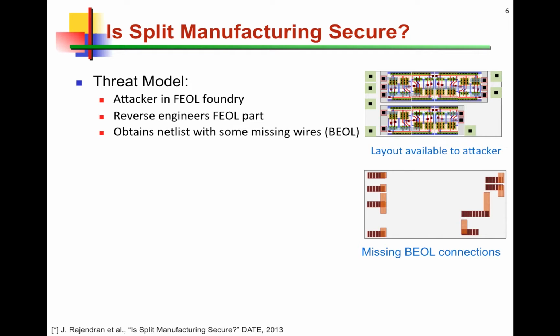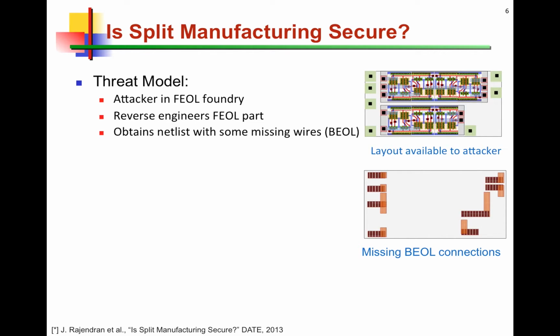So is split manufacturing secure? In other words, can this defense be attacked? Or what does it mean to attack split manufacturing? Well, obviously, the idea is, if we assume that the FEOL foundry is untrusted, and that's precisely why we're doing split manufacturing in the first place, they're trying to recover the information that is missing for them, which means they're trying to understand the missing connections defined at the BEOL layers, because that's what's missing for them.